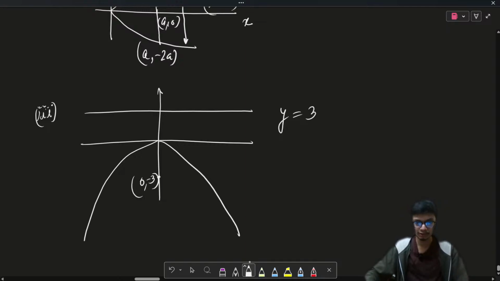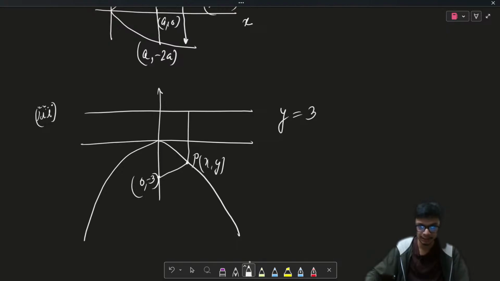Now, in order to find the equation of the parabola, you can simply use the locus equation. Imagine any point P as (x, y), and let us say this is my directrix. The distance of this point P from the directrix should be equal to the distance of this point from the focus, so PS should be equal to PM.